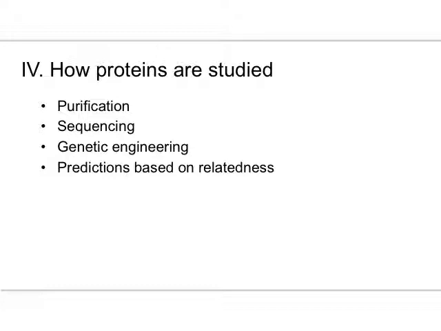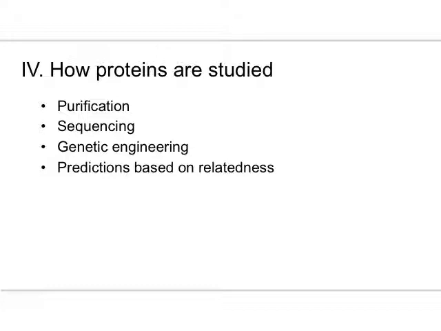The last section of the chapter looks at how proteins are studied, and we're going to talk about this in lab next week and as we go on throughout these chapters. So I'm going to leave this section for lab, but it might be useful to read through this before lab next week, especially the section, let's see, pages 164 through 167.